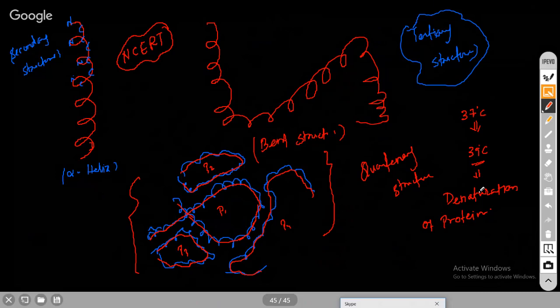Only thing you have to keep in mind, because once in the NEET exam they have asked which of these molecules contains a disulfide bond. So insulin contains a disulfide bond. That is the only thing you must remember. Okay. So this is it for this chapter.